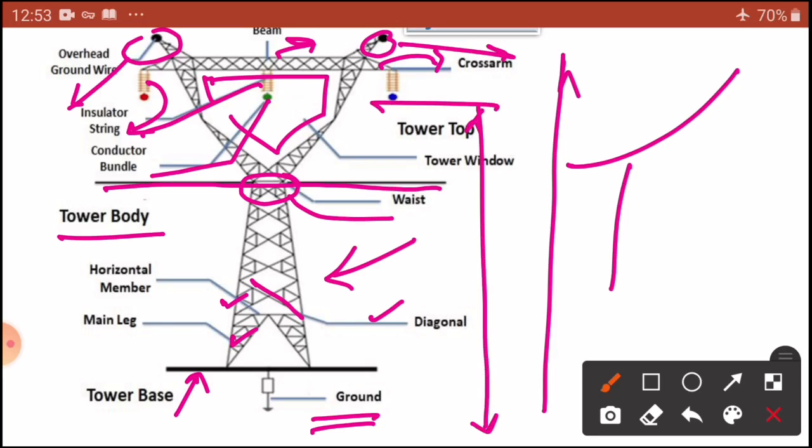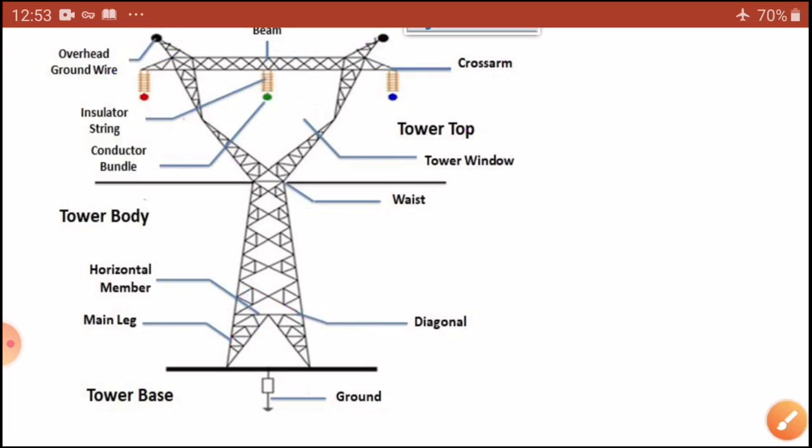You can see these pylon towers have different designs and physical structures. Our main aim is to support our live conductor and to create the ground clearance, but these towers are designed based on the tastes of different engineers.